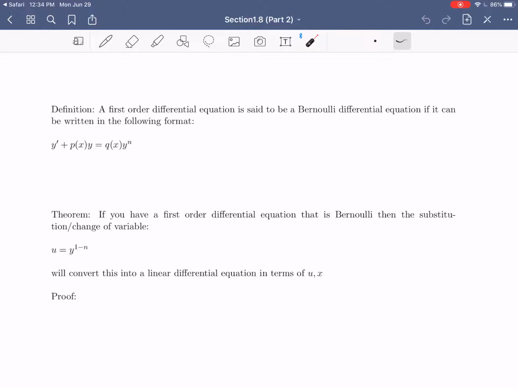In today's video, we're going to be finishing up section 1.8 from your textbook, which introduced us to the idea of a general technique for solving first-order differential equations called change of variables, or more simply, substitution. In the previous video, we took a look at a very specific type of first-order differential equation, which we called homogeneous of degree 0.